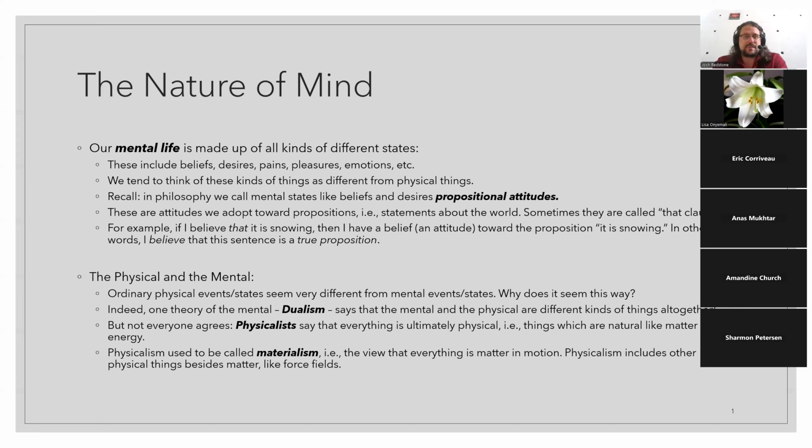And all of these mental states, we tend to think of as somewhat different from physical things, right? For example, if you're in a state of pain, pain hurts. Ouch, right? You hurt yourself, it feels like something.